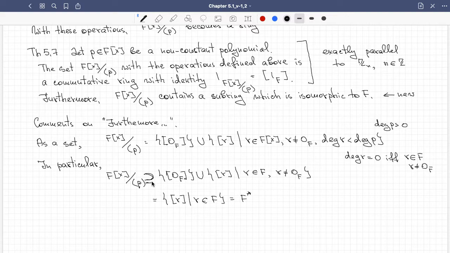Maybe only polynomials of degree 0, maybe something else, but this set contains a subset F star of elements of F in brackets.